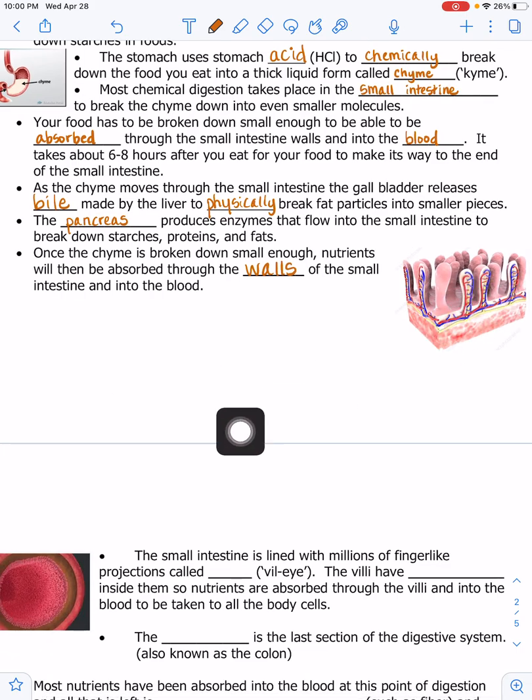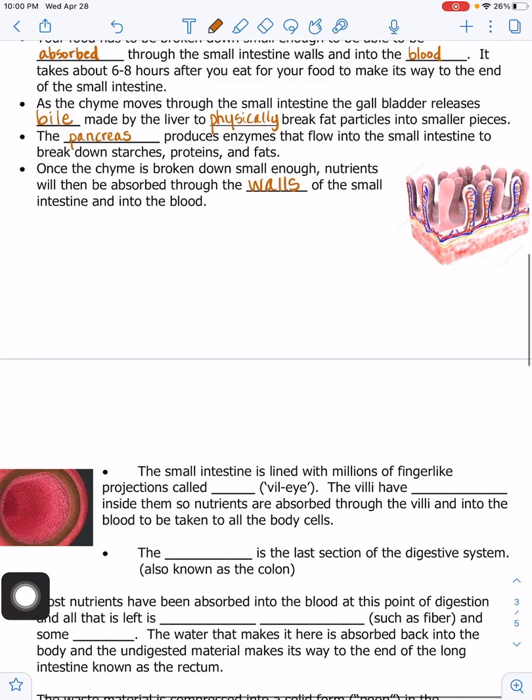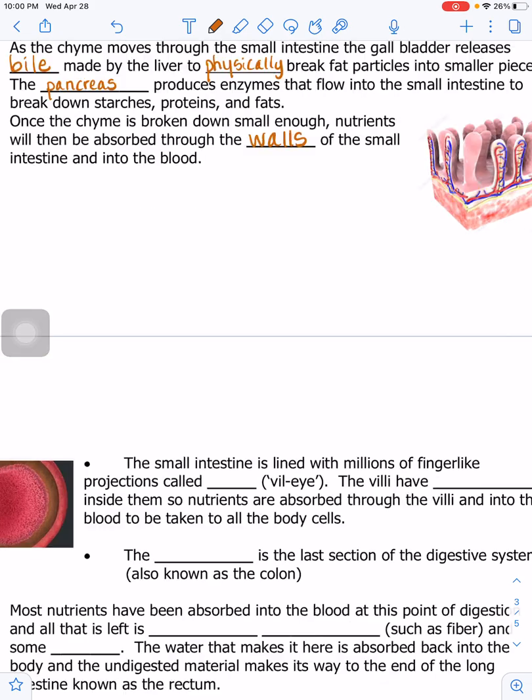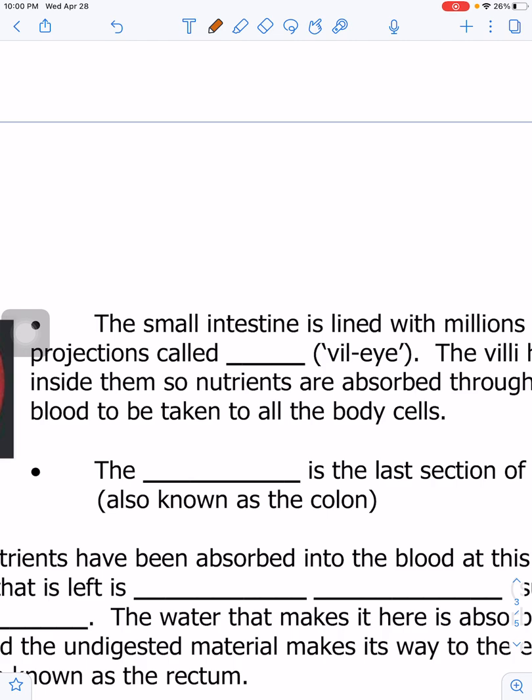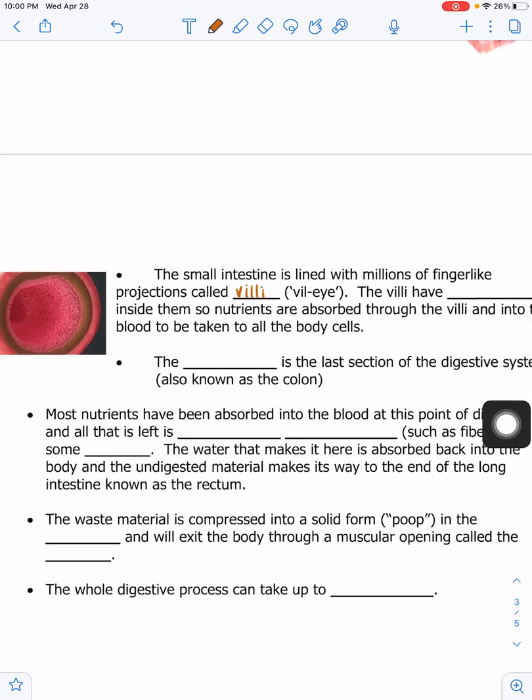So these pictures coming up are showing you the inside of the small intestine, okay? The small intestine is lined with millions of finger-like projections called villi, spelled V-I-L-L-I.